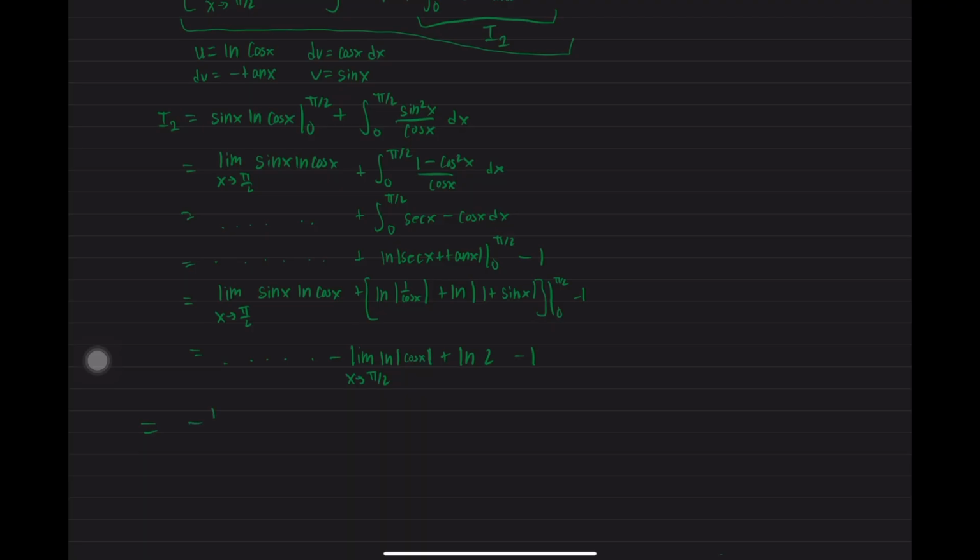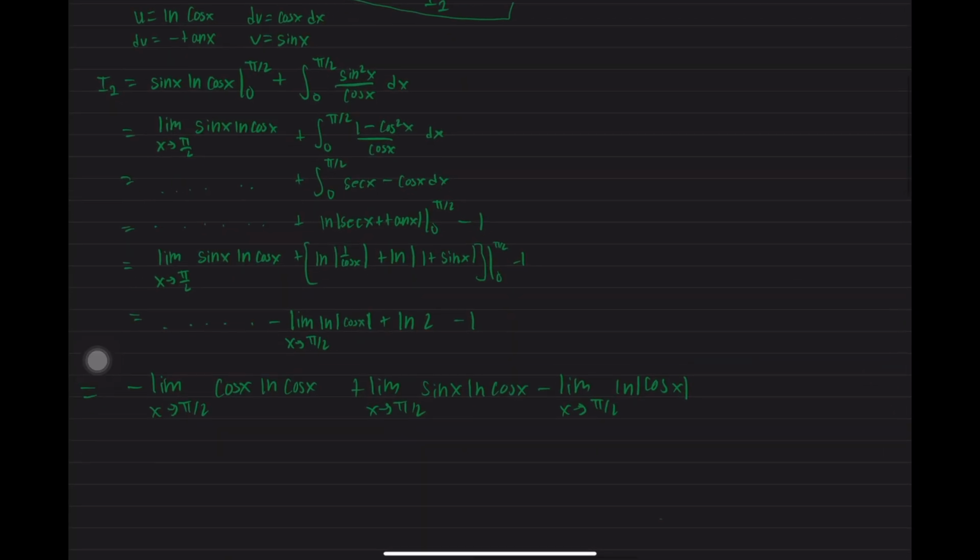So we have negative the limit as x approaches pi over 2 of cosine of x ln cosine of x, plus the limit as x approaches pi over 2 of sine x ln cosine of x, minus the limit as x approaches pi over 2 of ln of absolute value of cosine x. And notice we had a minus 1 here, so we have plus ln 2 minus 2.